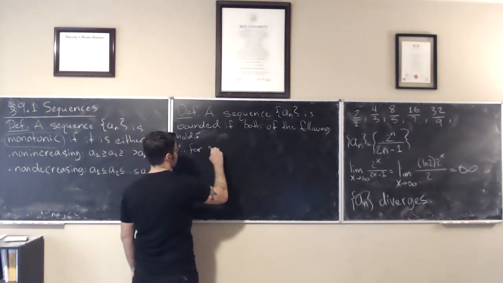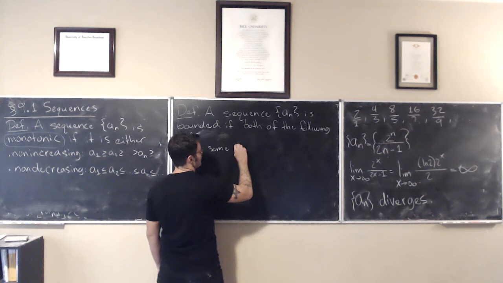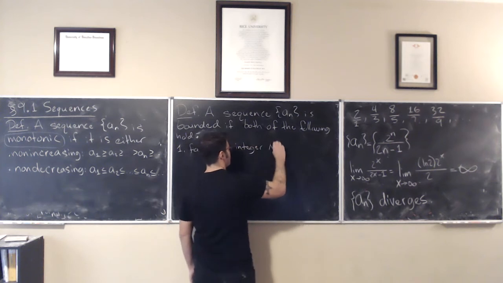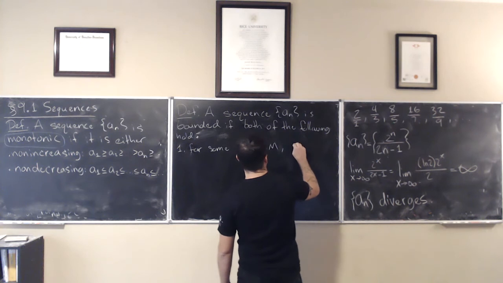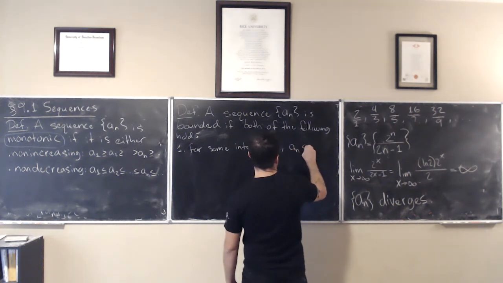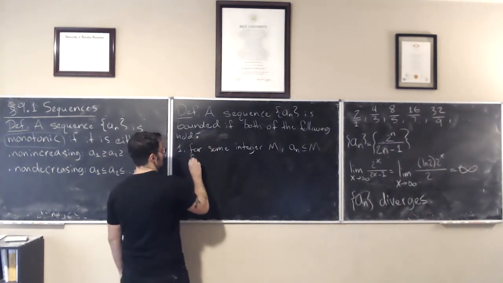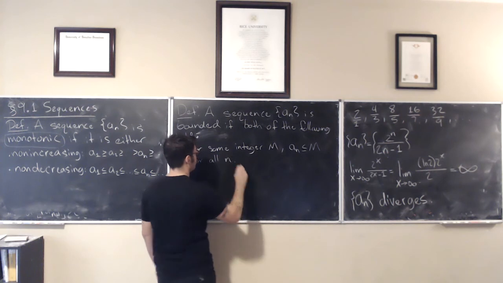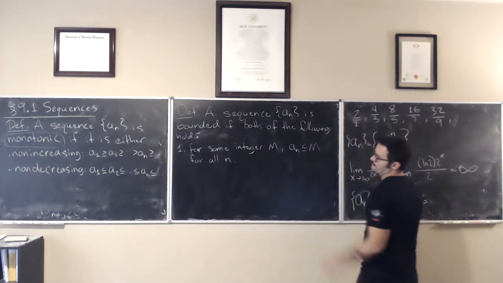If both of the following hold: for some integer m, a sub n is at most m for all n. So this is what it means to be bounded from above.